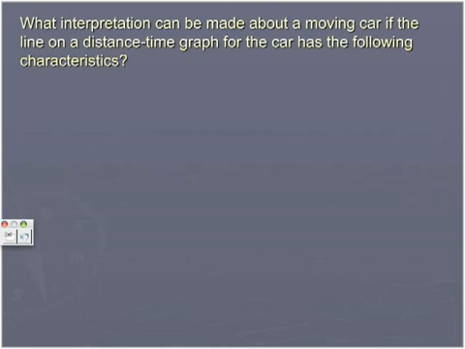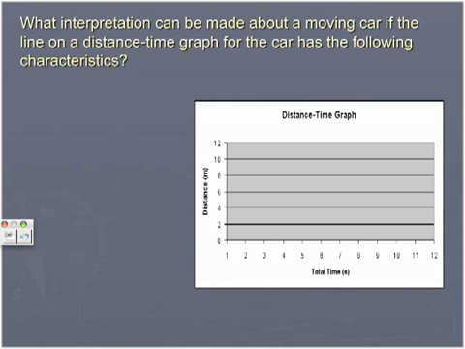What interpretation can be made about the moving car if the line on the distance time graph for the car has the following characteristics? So here we have our distance time graph. The question says a high or steep slope. So we just draw randomly something that would show some kind of steepness.